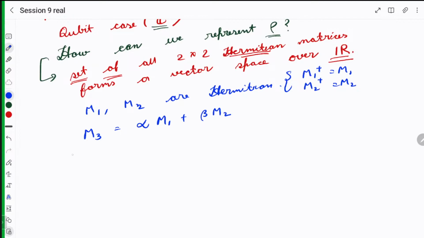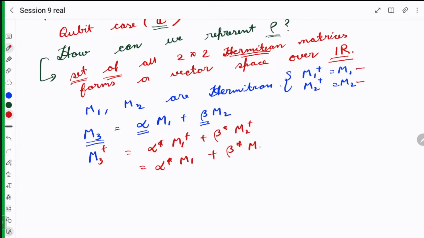Now let's see if M3 is also Hermitian or not. First let's assume that alpha and beta can be complex. Let's take the dagger on both sides. This would be alpha star M1 dagger plus beta star M2 dagger. And since M1 dagger is M1 and M2 dagger is M2, you would get alpha star M1 plus beta star M2.